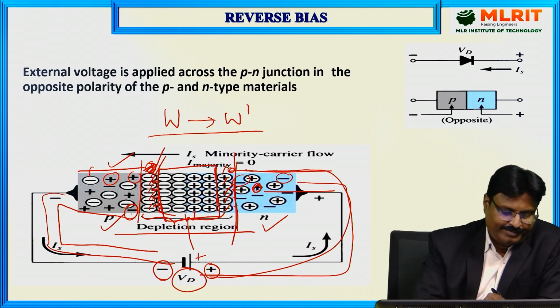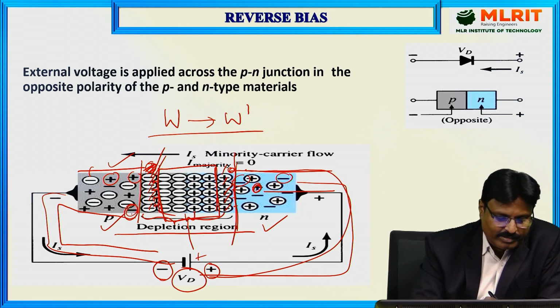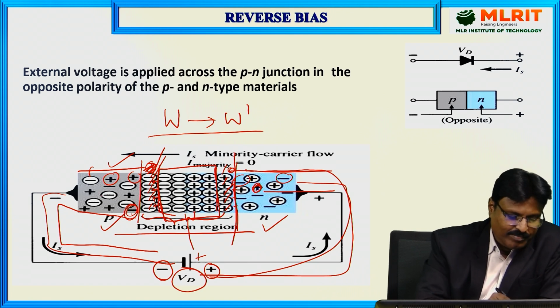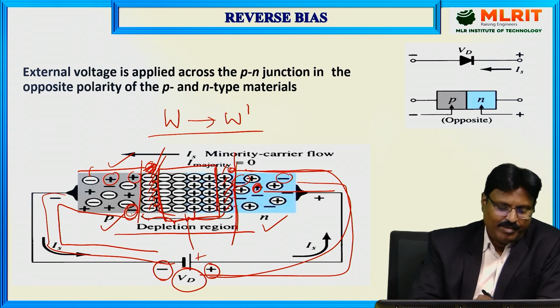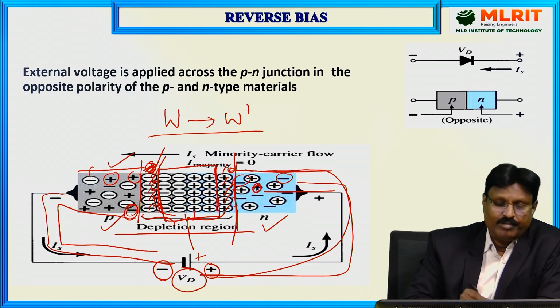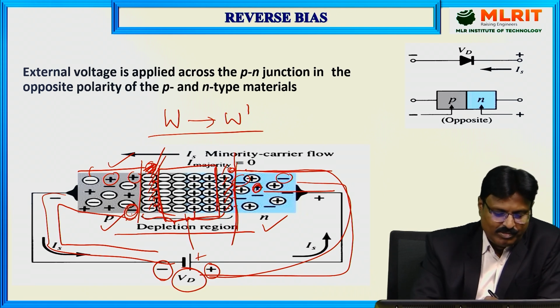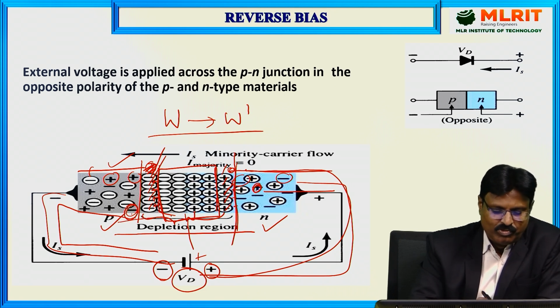Similarly here, if you take the P side, the minority carrier is the electron. The P side is connected to the negative terminal, and this electron is a negative charge. Repulsion happens. That's why this electron won't come out of the device in order to reach the negative terminal of the battery. So the only option left to this particular electron is to move towards the junction.